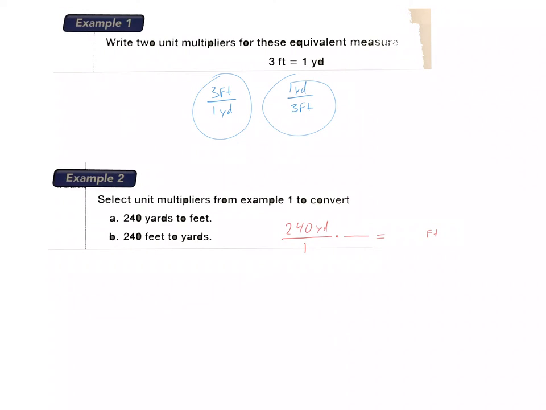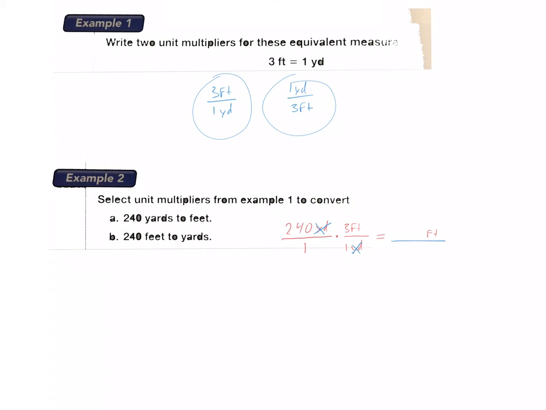So remember, I have yards up here on the top, and I want to get rid of my yards and have feet. So I'm going to pick this first one here because the yards are on the bottom. I need my 1 yard down here, and on top I want to have the 3 feet, because whenever I multiply, this yards part will reduce with this yards part.